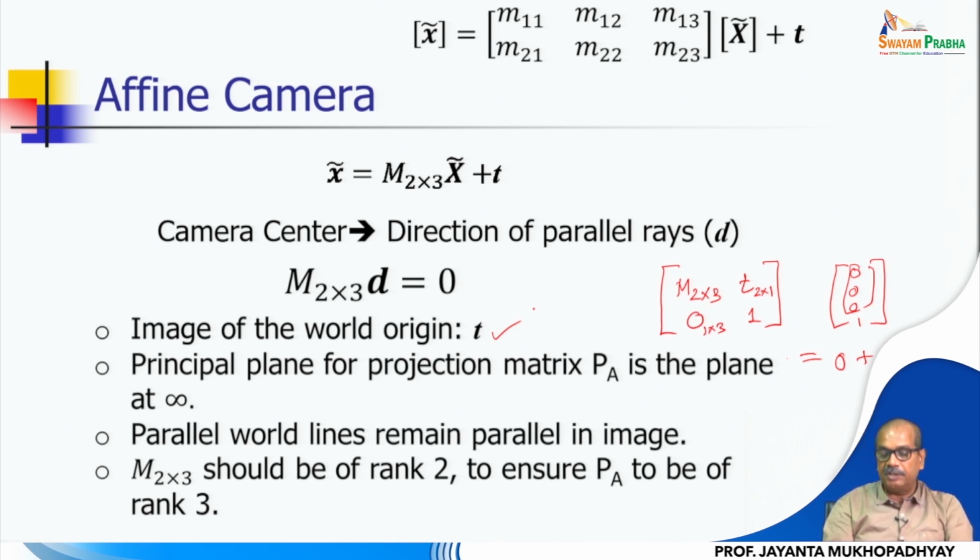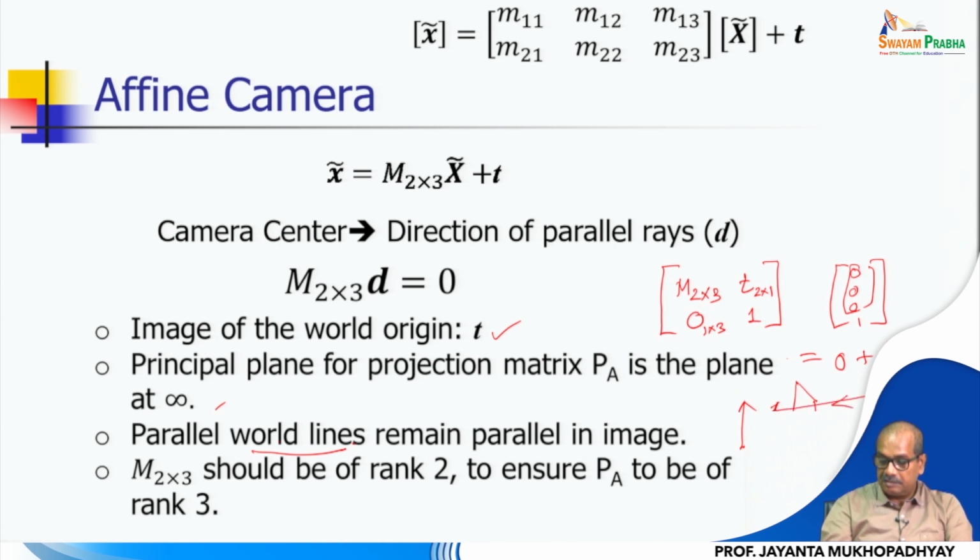Then the principal plane for projection matrix PA is the plane at infinity. We have already discussed why it should be, because your camera center is also lying at the plane at infinity. Parallel world lines remain parallel in the image, which means that in the 3D world coordinate system, whichever lines are parallel, if I take the respective images, as you understand, in this imaging it is the direction which is important.